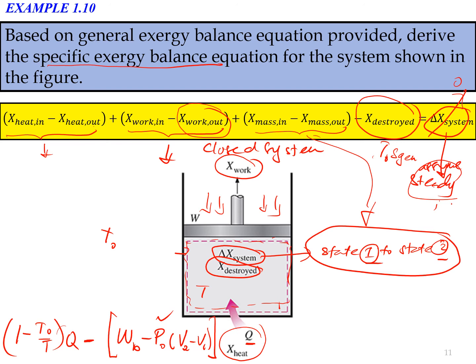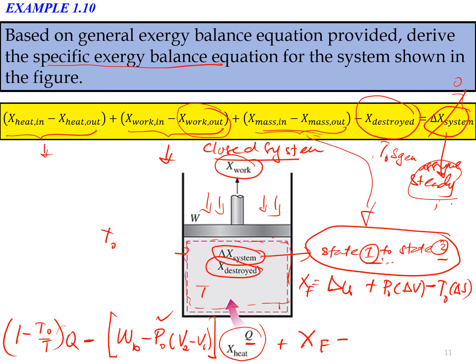Because this is a closed system, it is represented by delta U plus P naught delta V minus T naught delta S. So that could be representing this mass. I'm going to write that as XF in this situation.